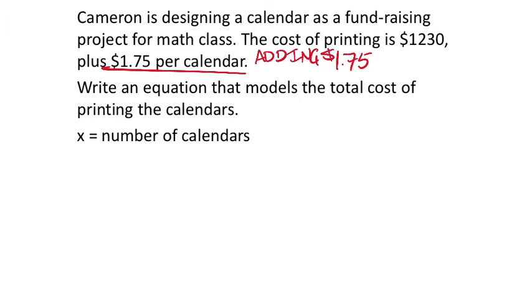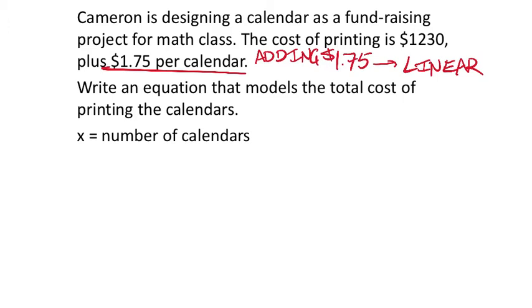You could say repeatedly if you want to, but it depends on how many calendars you're going to buy. All right, so since we're adding or repeatedly adding, this one is going to be a linear situation. So if you didn't notice that when you're writing your equation, that's okay. But it's not multiplying by 1.75 every calendar. You're just adding 1.75 for every calendar, which means we're back to a linear situation.